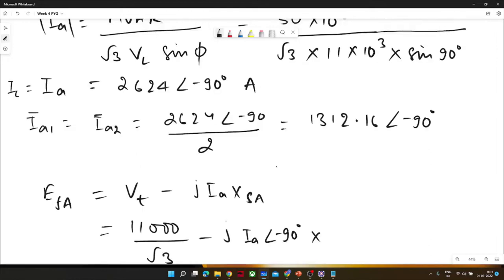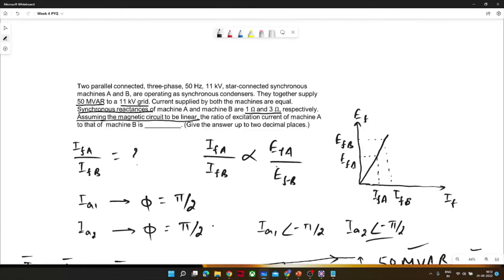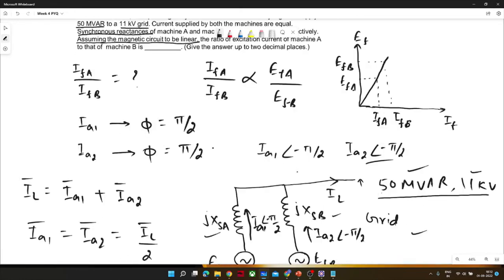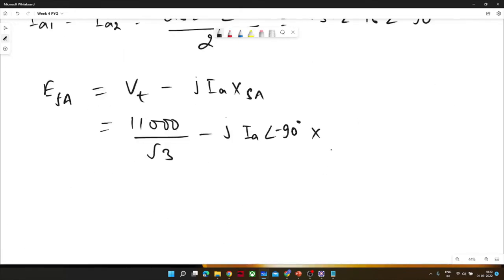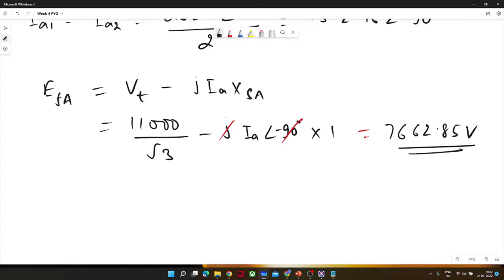What is the value of XSA? XSA is 1 ohm and XSB is 3 ohm. So the minus 90 and the plus 90 cancel, it becomes arithmetic, and the value comes out to be 7662.85 volt. This is EFA.